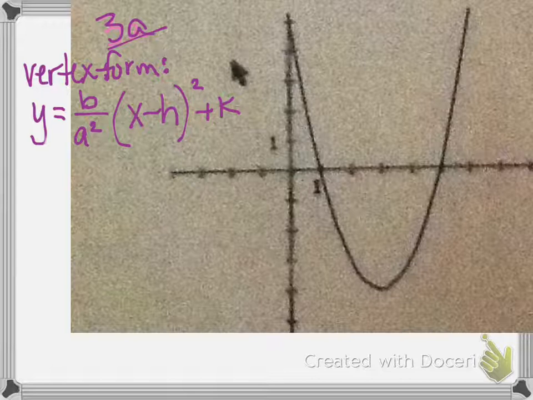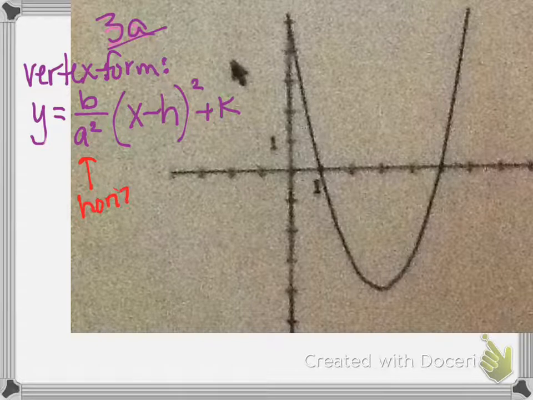So, remember also that a is the horizontal scale factor and b is your vertical scale factor. And we already know h and k is your vertex because we were just practicing that in the last problem.